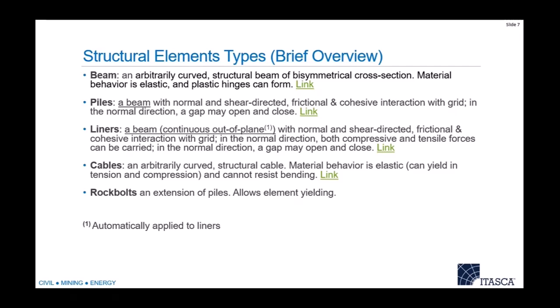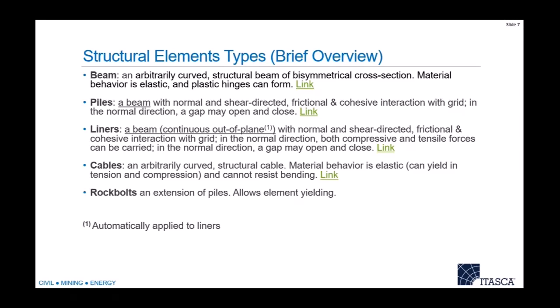They can yield in tension and compression. They're used a lot in applications for soil reinforcement. And then the way they interact with the grid is everything is specified as a grout. So you can specify grout properties for the cable, and that will add another dimension of strength and flexibility for these cables.